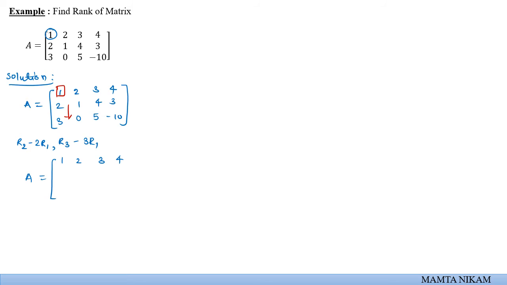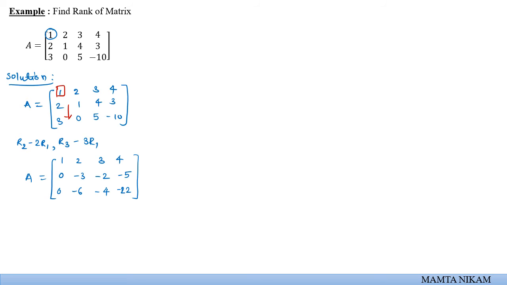Performing the transformation on the second row: 2 minus 2 is 0, 1 minus 4 is minus 3, 4 minus 6 is minus 2, 3 minus 8 is minus 5. Then on the third row: 3 minus 3 is 0, 0 minus 6 is minus 6, 5 minus 9 is minus 4, minus 10 minus 12 is minus 22.